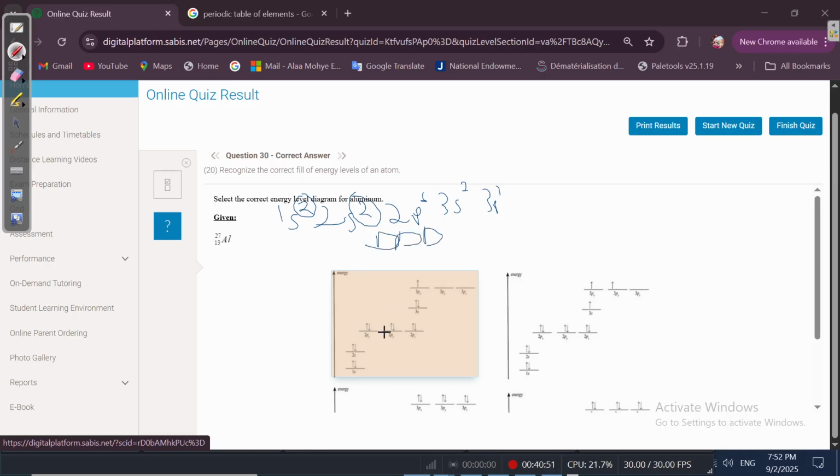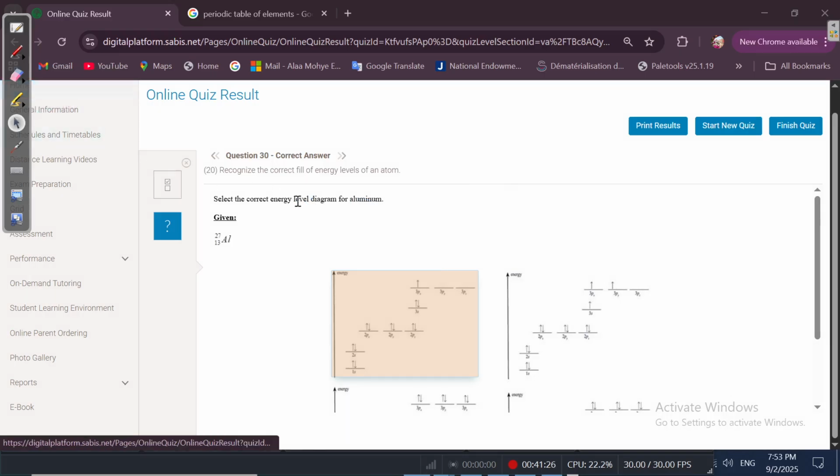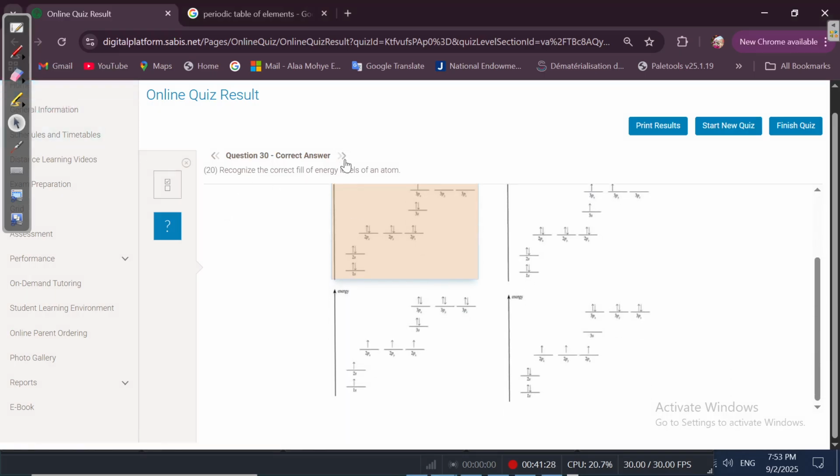So here instead of the boxes, just put these dashes, and this is called the energy level diagram. Obviously the 2p6 is going to be up down, up down, up down. It's fully filled. And then the 3s2, it's up down, as you can see. And then the 3p1. That's it, that's the question.